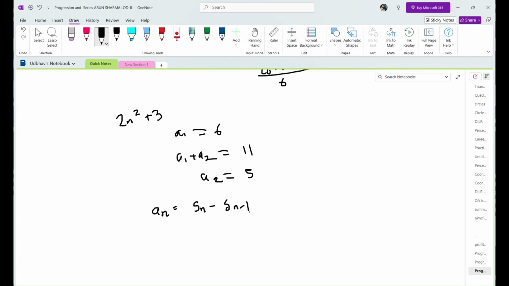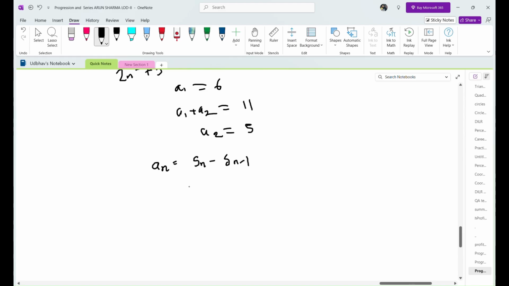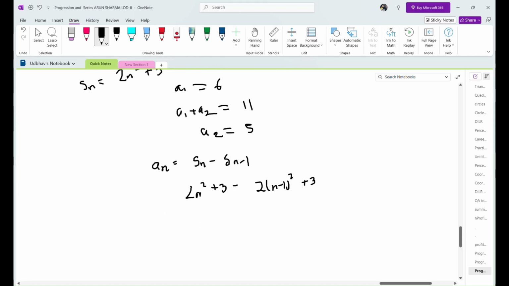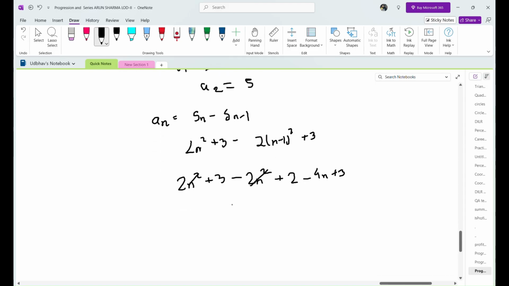a n equals Sn minus Sn minus 1. So Sn is this: 2n square plus 3 minus (2(n minus 1) square plus 3). 2n square plus 3 minus 2n square plus 2 minus 4n. 8 minus 4n.